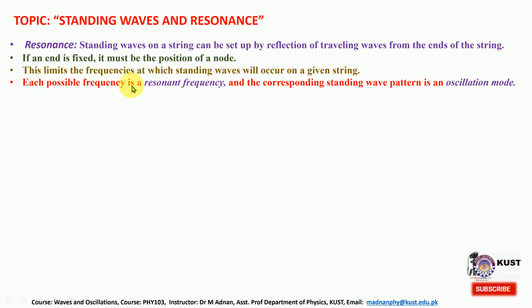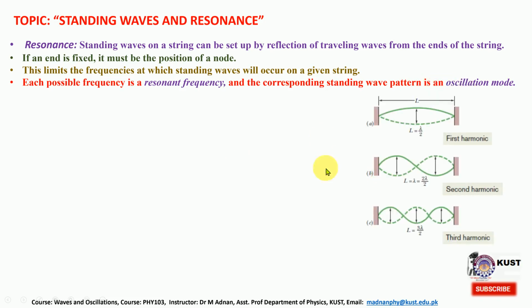Each possible frequency is a resonant frequency, and the corresponding standing wave pattern is an oscillation mode. So in your book, this figure is given. You need to read those commentaries, but let's say for this fixed end, you have a rope, a string of length L with fixed ends.